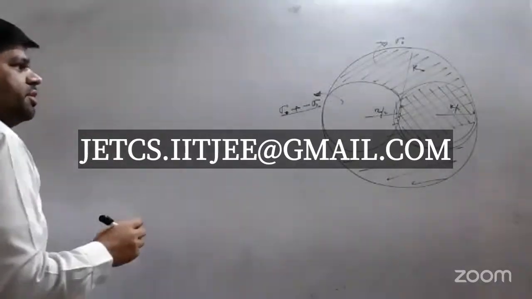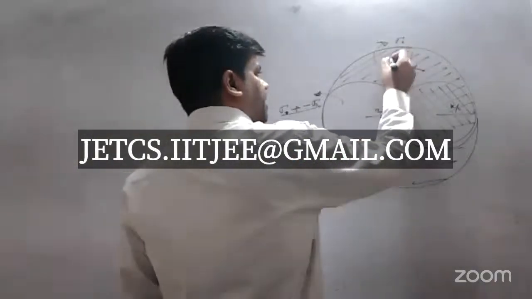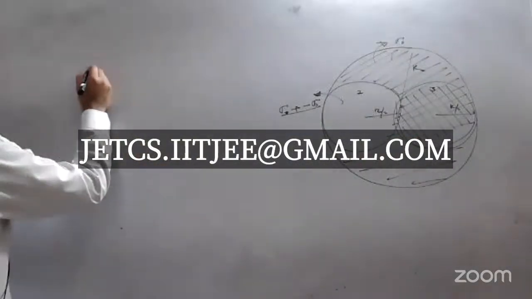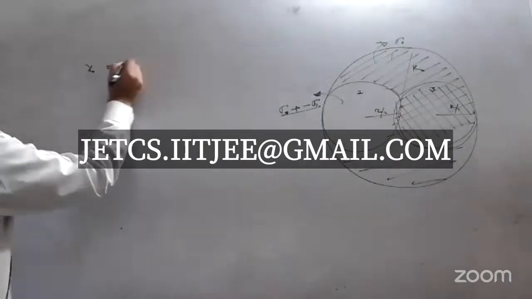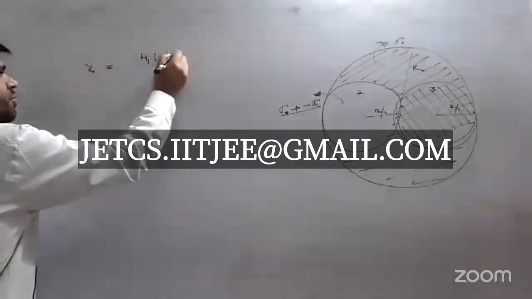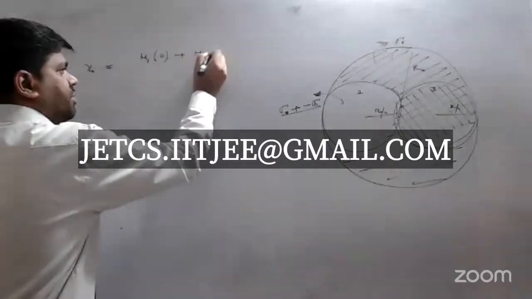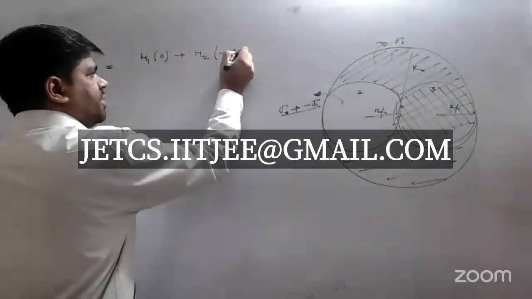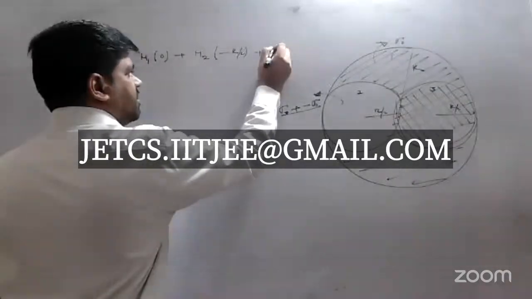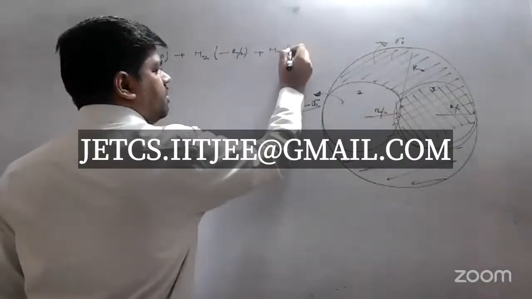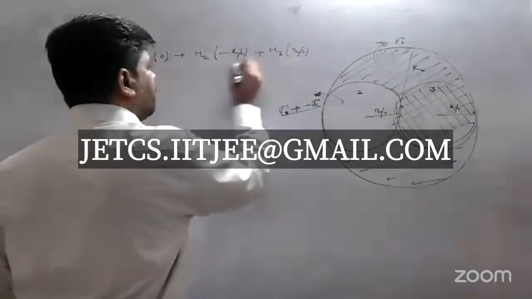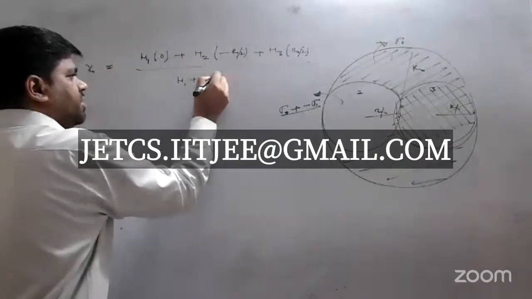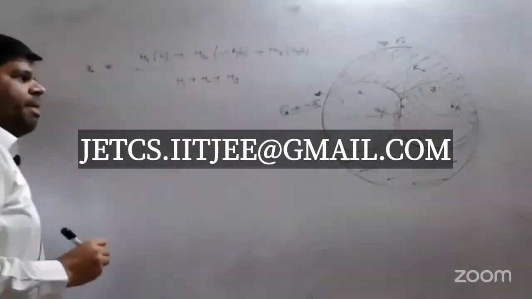So the centers of mass would be, let's say, 1, 2, and 3. So x naught is equal to m1 into 0 plus m2 into minus r by 2 plus m3 into r by 2, by m1 plus m2 plus m3.